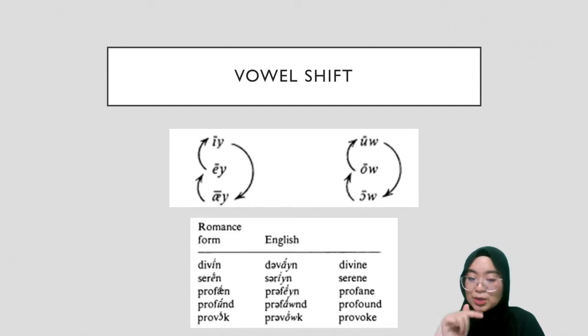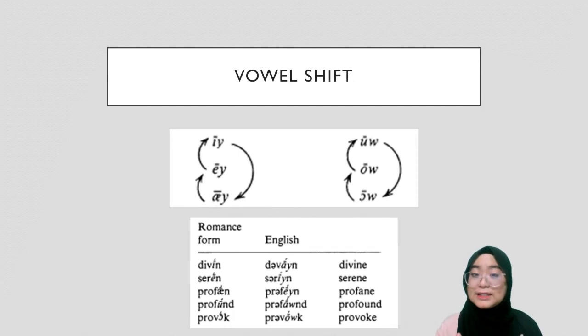So the English words there help us to read: divine, serene, profound, and provoke. The stressed last vowel of classical Latin shifted downward in vulgar Latin. High vowels become mid, mid vowels become low, and low vowels remain low.